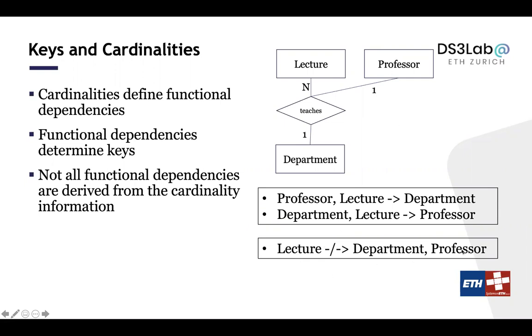So cardinality is a way for you to introduce functional dependencies in your application. And these functional dependencies are going to determine the keys, right? Because we already defined key via functional dependency. Another thing to keep in mind is that not all of the functional dependencies are derived from cardinality information, but cardinality information is a very popular way to introduce functional dependencies into your application.